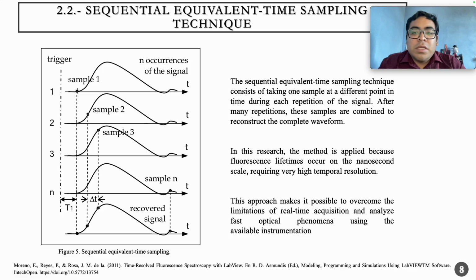By shifting the sampling point step by step, all the pieces of the waveform are collected. Once combined, these points reconstruct the full signal. This approach makes it possible to overcome the limitation of real-time acquisition and analyze fast optical phenomena using the available instrumentation.